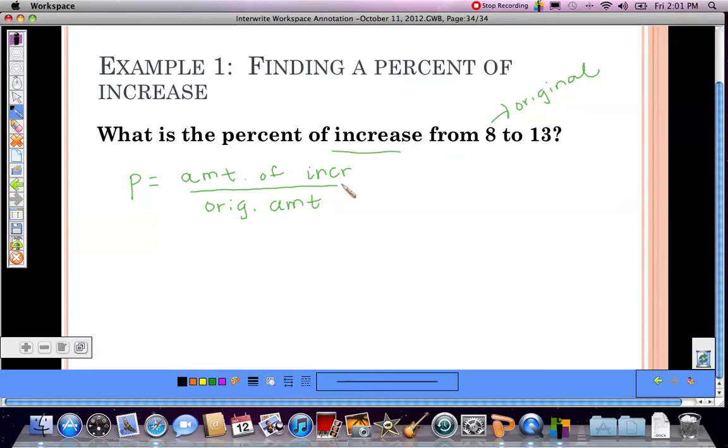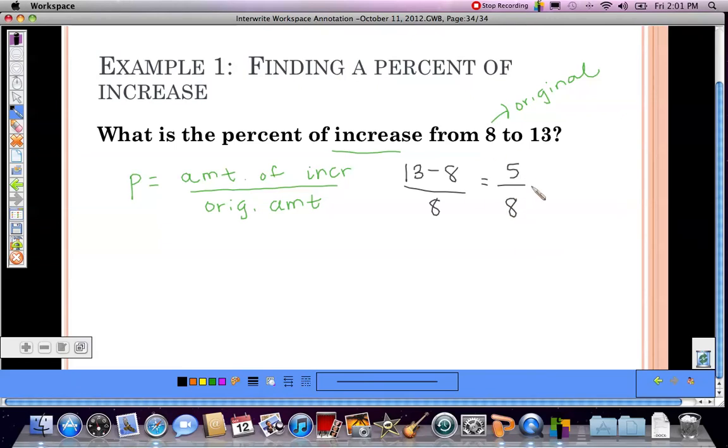The amount of increase is going to be 13 minus 8 because the difference of these two numbers will tell us how much it increased from the original to the new amount. So do 13 minus 8, and we're going to divide it by the original amount, which is 8. 13 take away 8 is 5. We have 5 divided by 8.